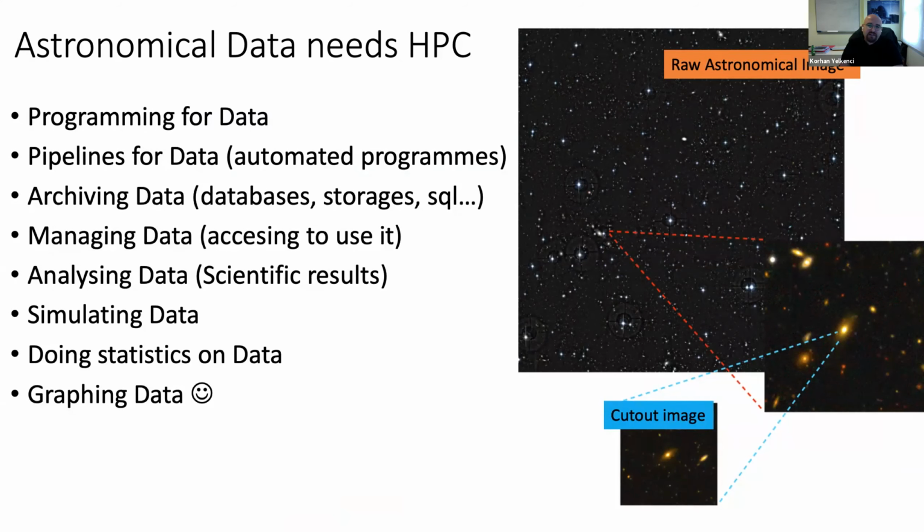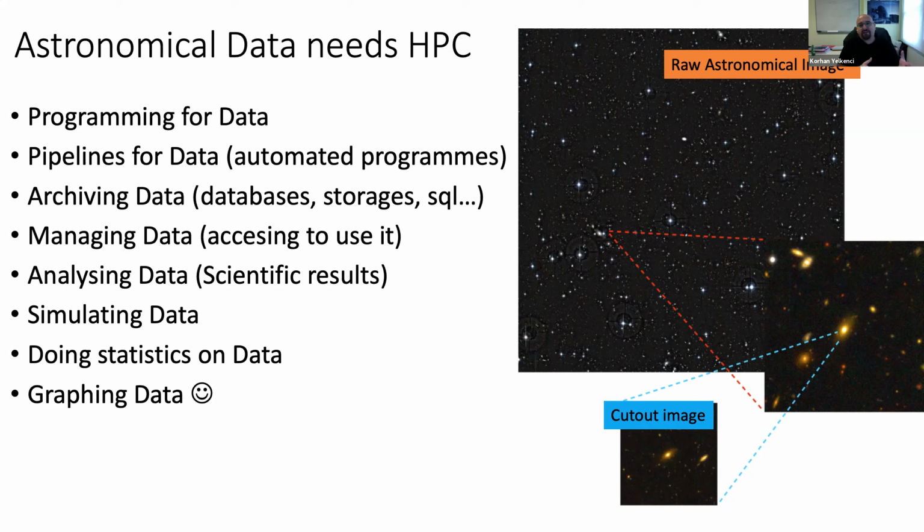So astronomical data needs HPC in the end, because with this amount of data we need programming languages, efficient programming for data. We need pipelines to do that in an automated way. We need to archive data, so that anytime we can reach it again, we can download it and use that data.